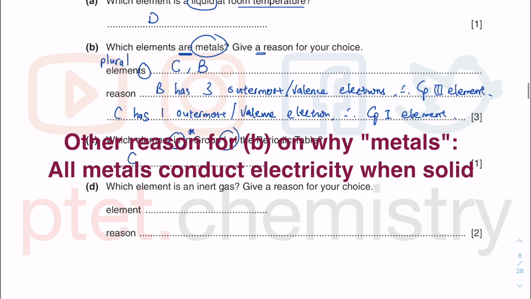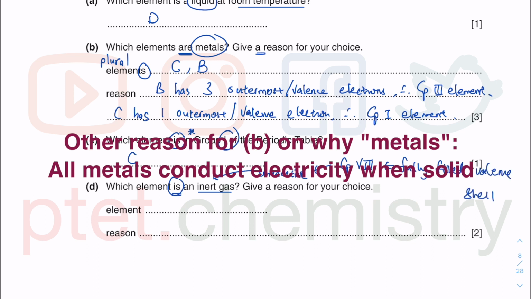The next one, very obvious also, is an inert gas. Inert means unreactive, and as you know, even the nonmetals can form covalent bonds with themselves, except for group 8, because of the fully filled outer shell, fully filled valence shell.